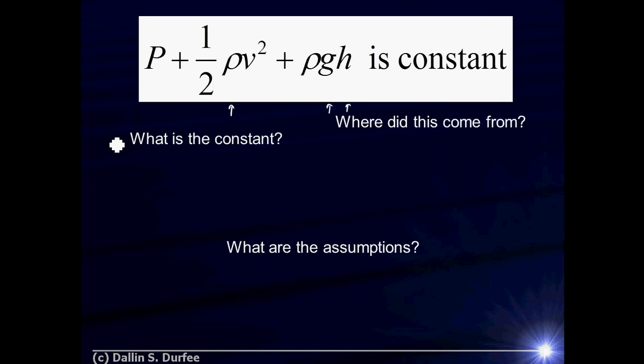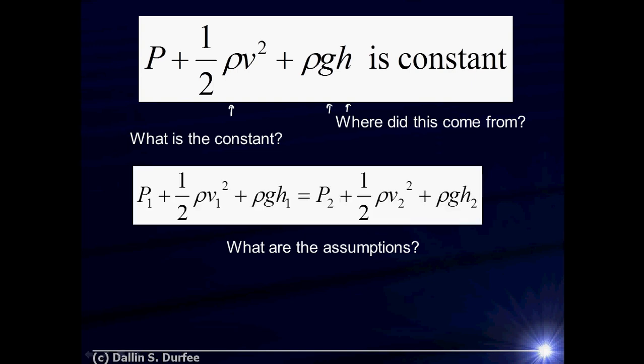All right? A better way to say this, and a better way to think about Bernoulli's equation, in my opinion, is to write Bernoulli's equation this way. What we mean when we say this is equal to a constant is it means if we evaluate this at some point in the flow, point 1, and if I evaluate it at some other point in the flow, point 2, I'll get the same thing. All right?